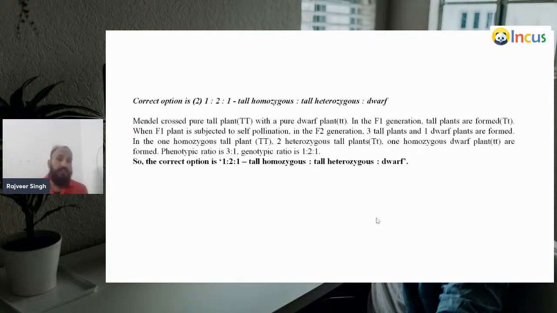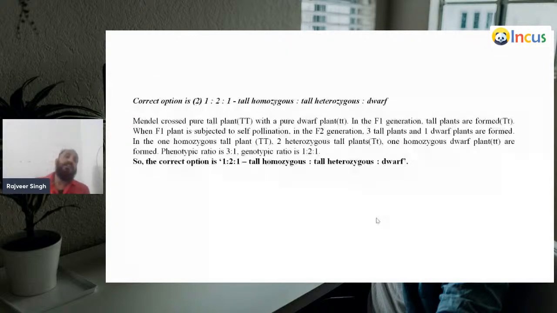When the F1 plant is self-pollinated, in the F2 generation three tall plants and one dwarf plant are formed: one homozygous tall plant TT, two heterozygous tall plants Tt, and one homozygous dwarf plant tt. So the phenotypic ratio is 3 to 1, while the genotypic ratio is 1 to 2 to 1. That is why we chose the second option, and I hope you will understand.